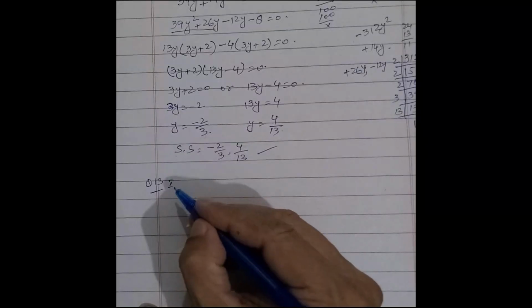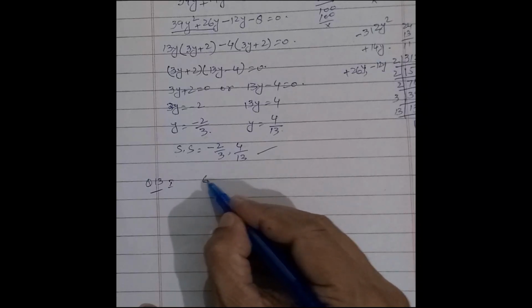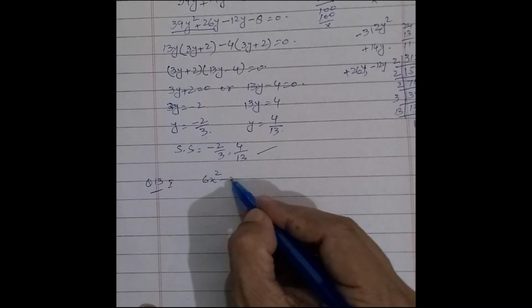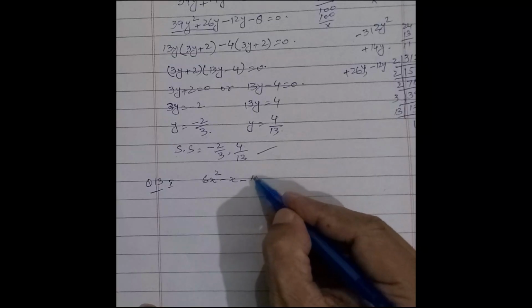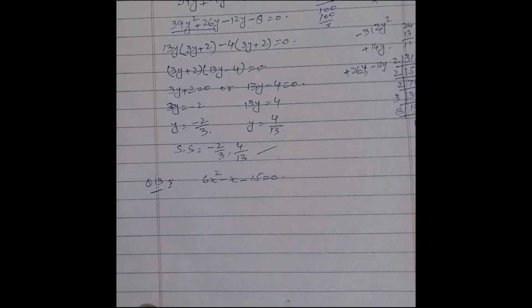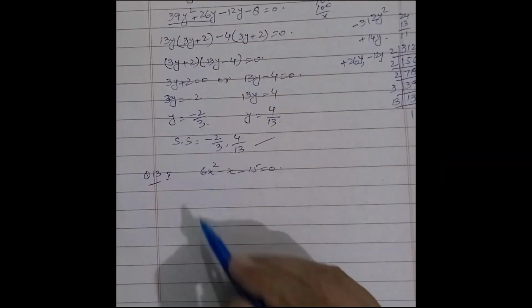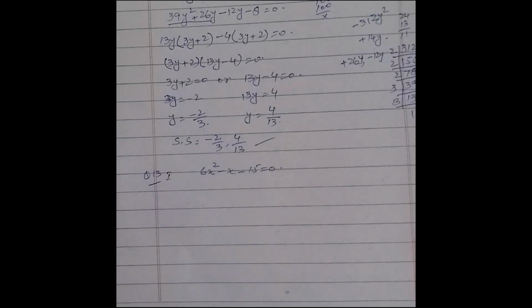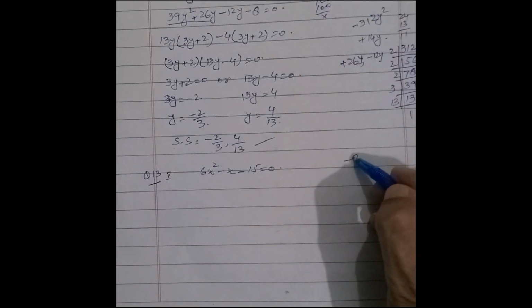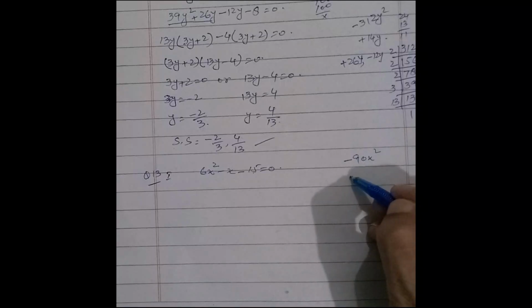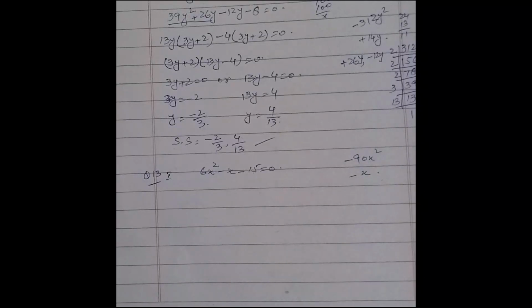The first part is to solve the equation 6x square minus x minus 15 is equal to 0. So first we factorize these values. 15 multiplied by 6 is 90, so minus 90x square, and the middle value is minus x.